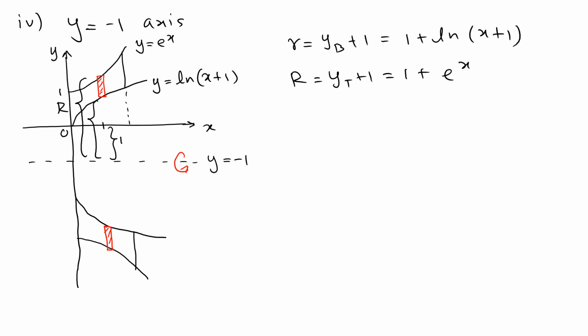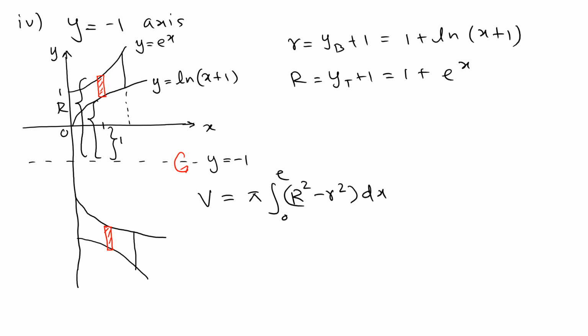So we know the two radii, and then we can write the formula. The volume is V equal pi integral from 0 to e, those are the x values, of R squared minus r squared dx.